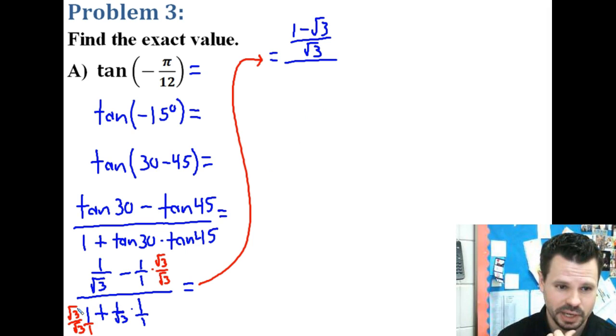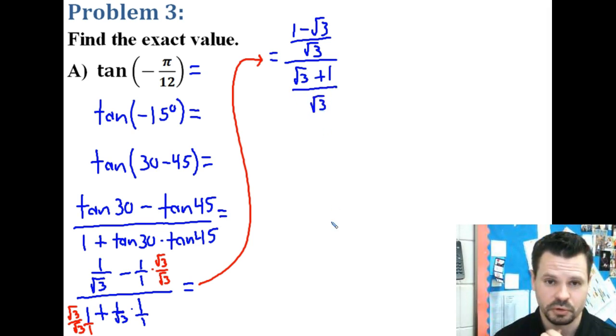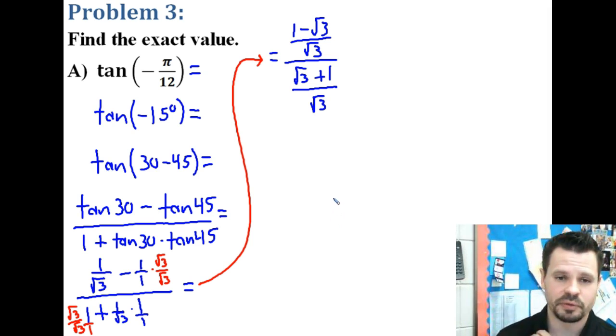Divided by, in the denominator, we'd have root 3 plus 1, over root 3. Still looking ugly, but we've turned this into a single fraction in the numerator and a single fraction in the denominator, rather than two.